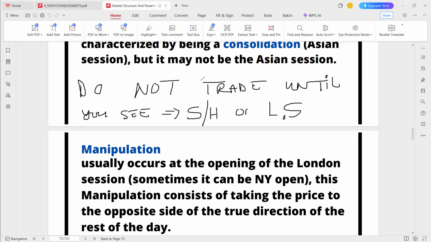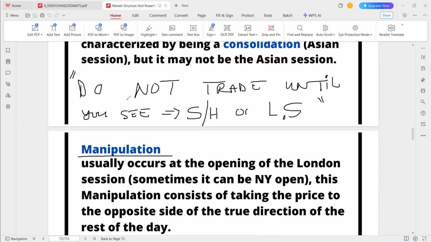Do not trade until you see a stop hunt or liquidity sweep. This statement, we only say it because we know usually before price moves in a certain direction, they will fake a move, or they will do a move which the author classifies as manipulation, just to trap people to go the other way when they know that the price for the day is going to go the other way.